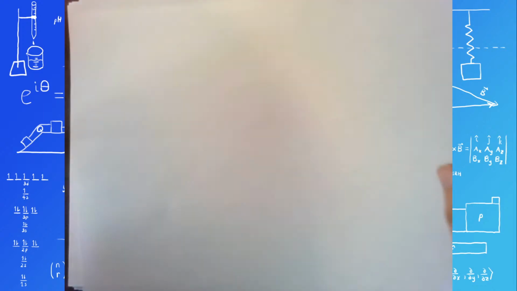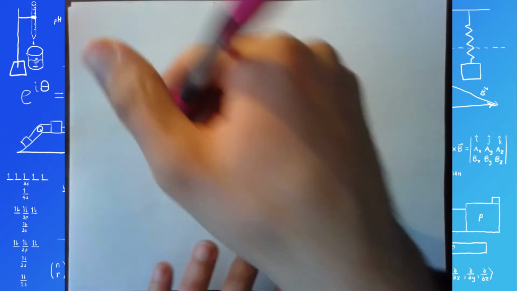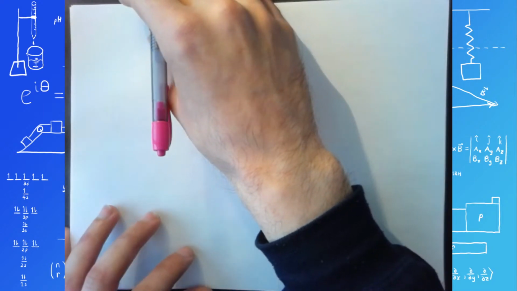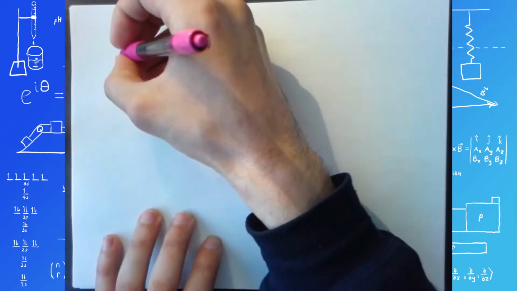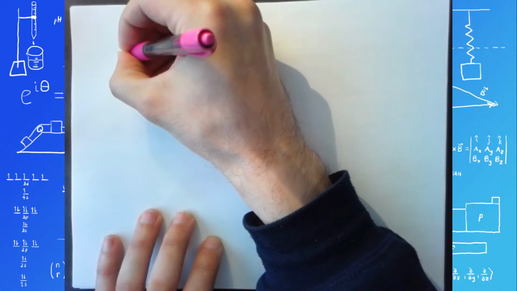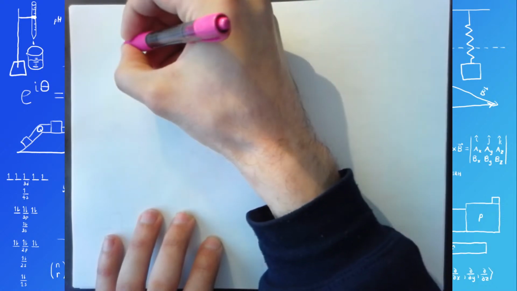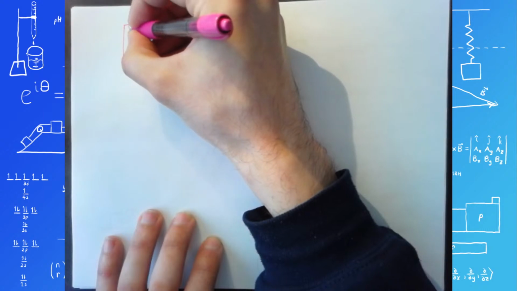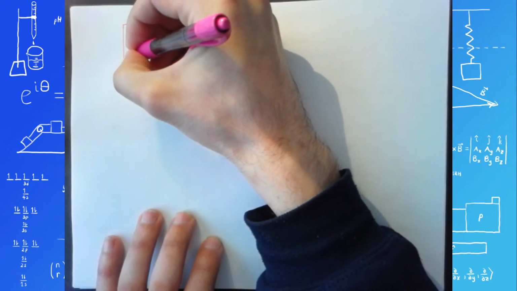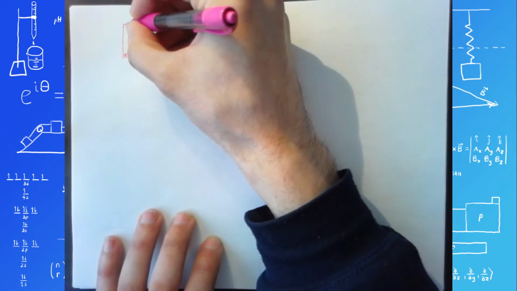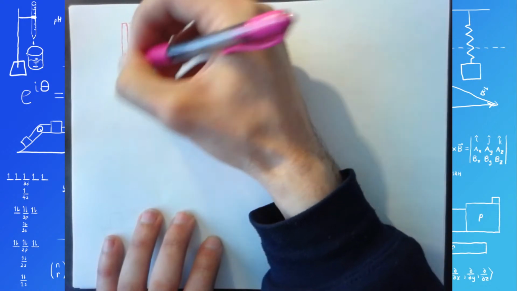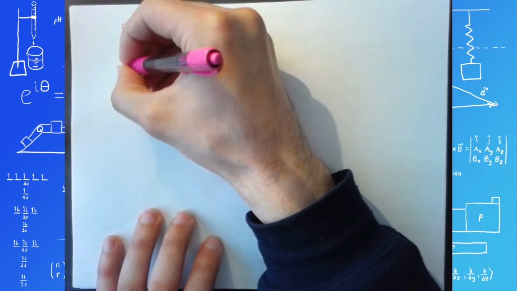Let's open up a new page and redraw this scenario with some sort of stick or rod-like object that starts in an upward-facing position, like so, and swings down to this position.